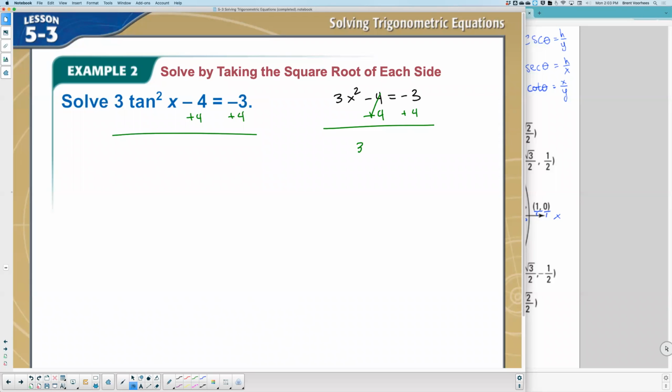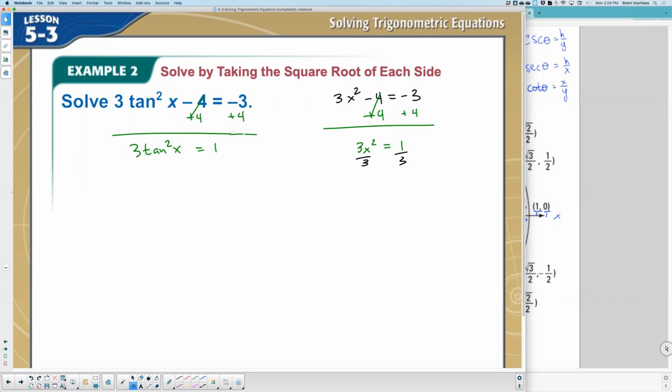So now I have on this right side, the algebra model, 3x squared equals 1. Truthfully, in the problem, we have 3 tangent squared equals 1. What would you do next using this algebra model? We would divide by 3, on both sides.